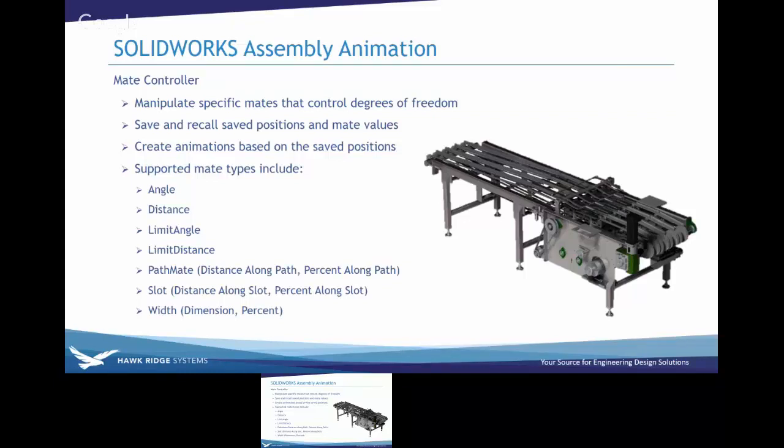You add these into the mate controller, and then you can vary the dimensions that define those mates. You can specify various positions for your assembly, and then have the mate controller animate through, interpolating from one position to the next.